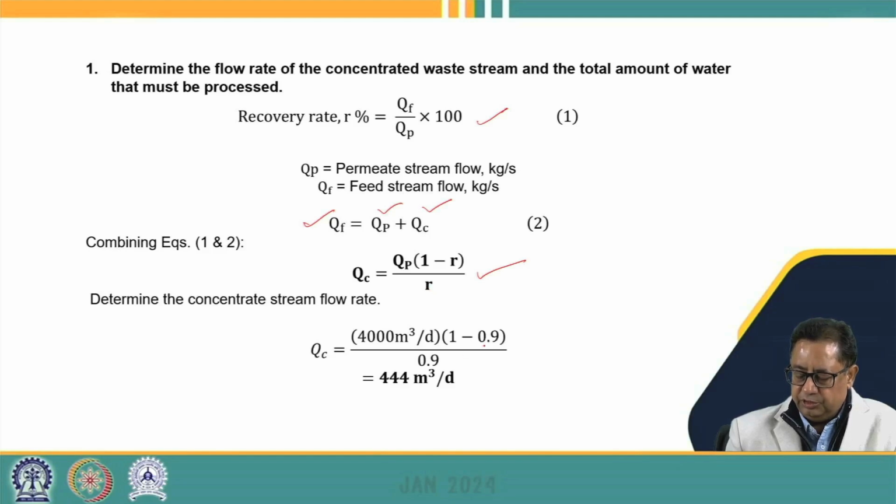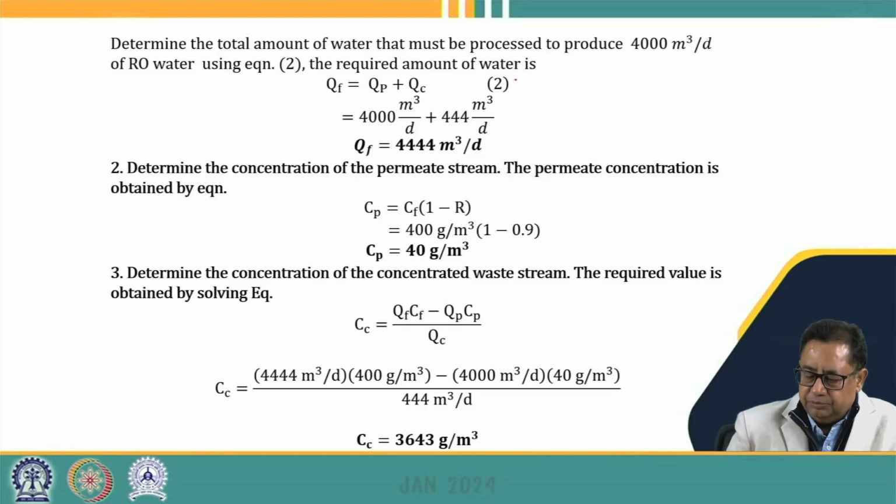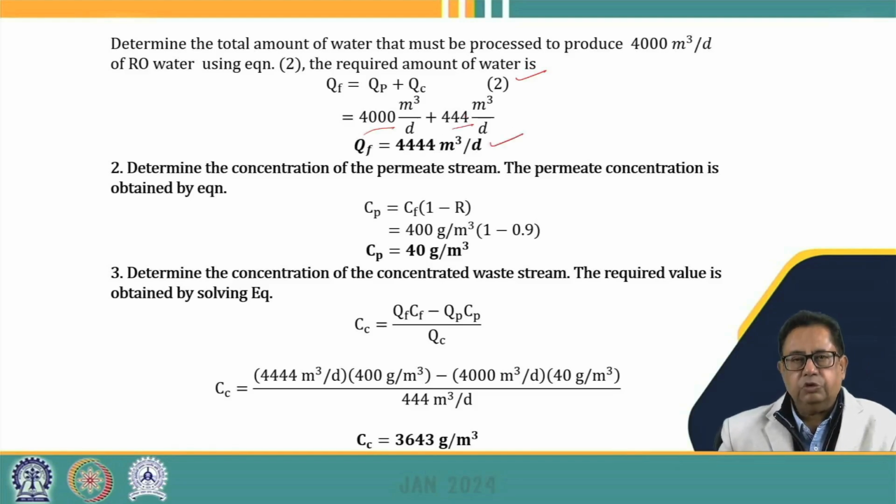So we can put here R as 0.9 in fractions, and we know that the QP value is 4,000 cubic meter per day. So we can get the concentrate flow to be around 444 cubic meter per day. Now we can apply the flow balance equation here, and we know that QP is 4,000 and 444 we have just now calculated. So we can say the flow of the feed is 4,444 cubic meter per day.